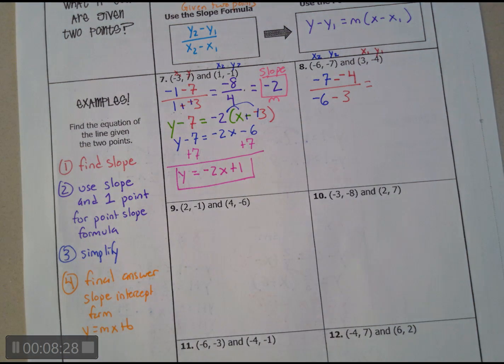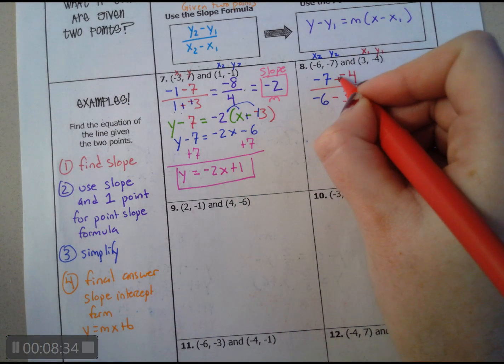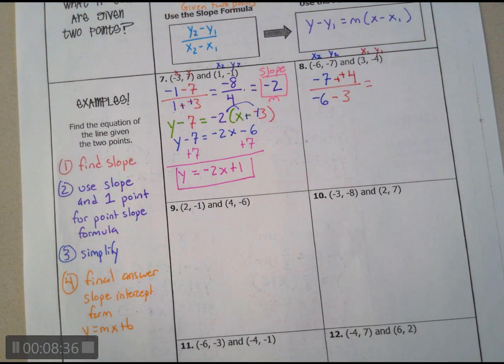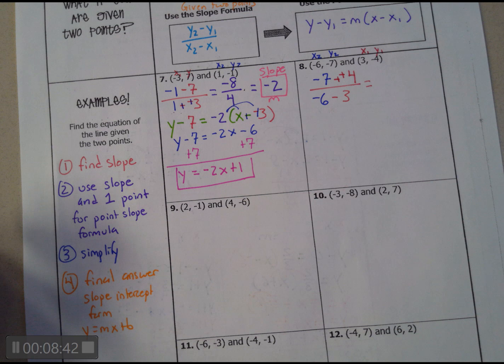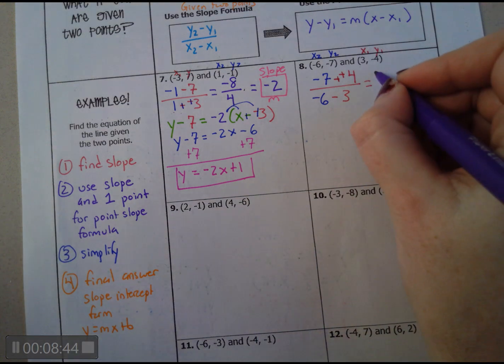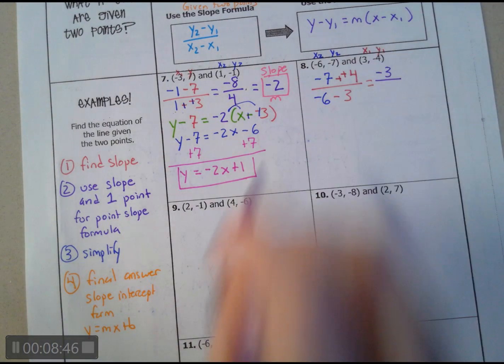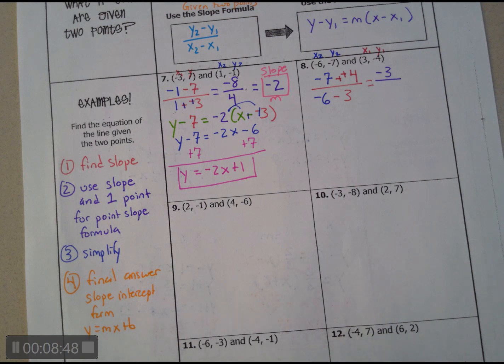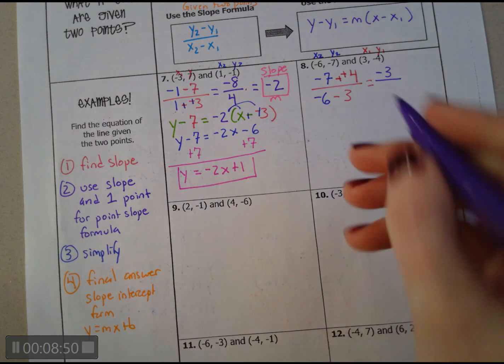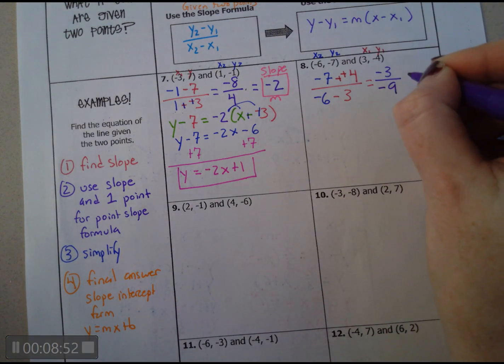Okay? Alright, and then -7 minus a -4, well, minus negative always turns positive, so this becomes -7 plus 4, which will give me -3. And then -6 minus 3 will give me -9.